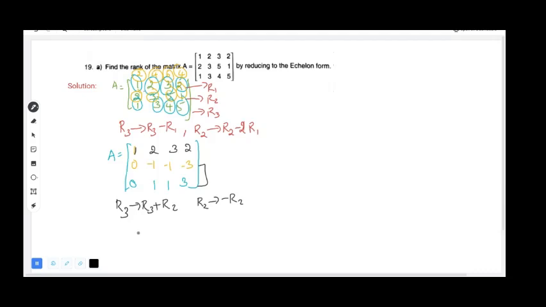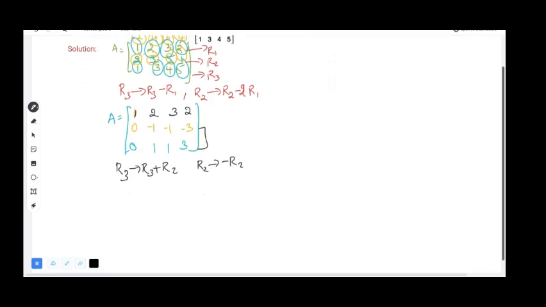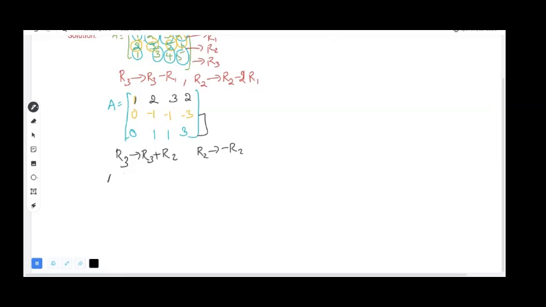So here R3 becomes 0 plus 0 is 0, 1 minus 1 is 0, 1 minus 1 is 0, 3 minus 3 is 0. R2 will be minus R2, that will be 0, 1, 1 and 3. The remaining row will be 1, 2, 3, 2.